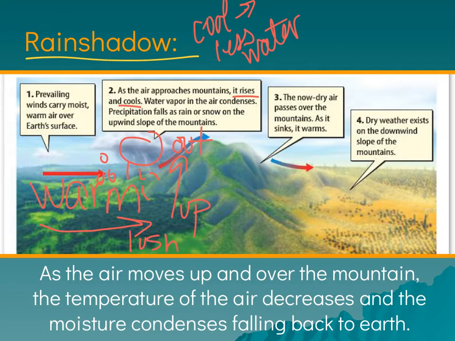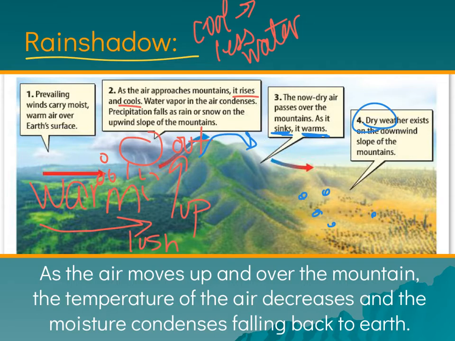Now that that air is empty and it peaks over the mountain, it's forced back down and it starts to warm up, spreading those molecules back out again and becoming drier now that all that water has been released.